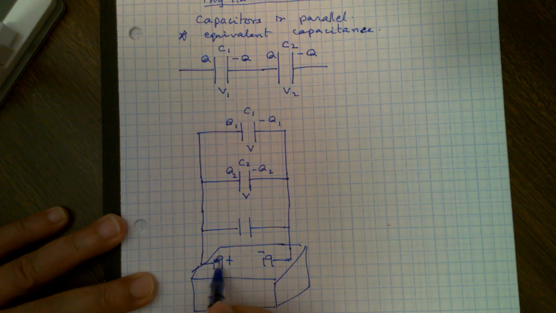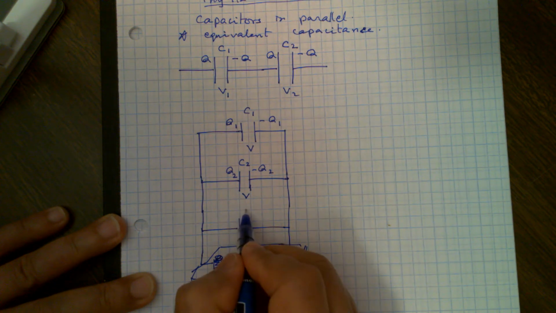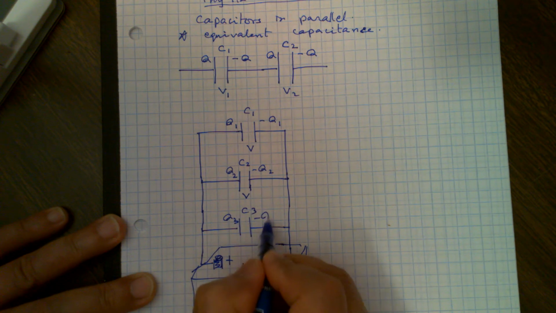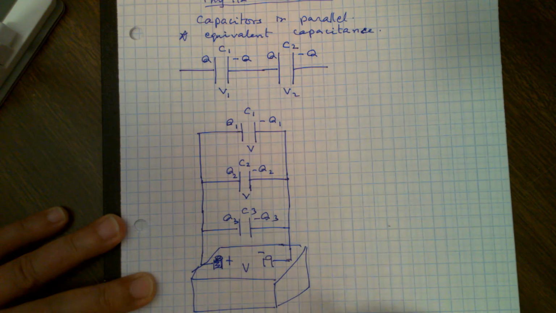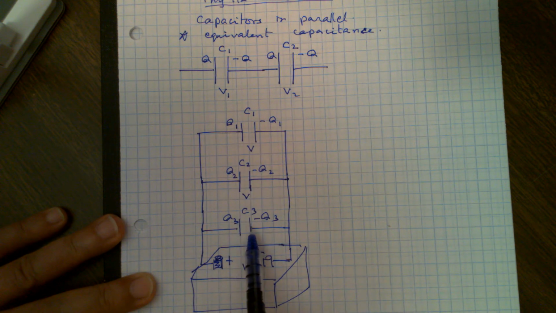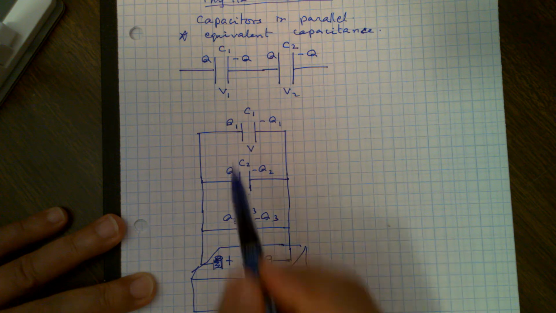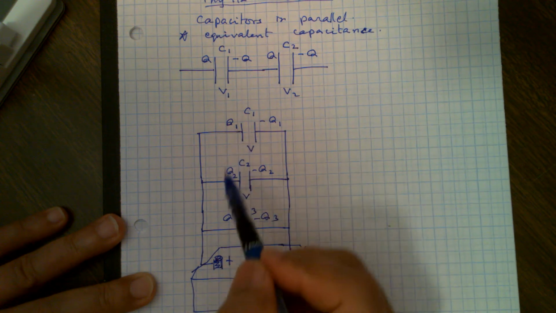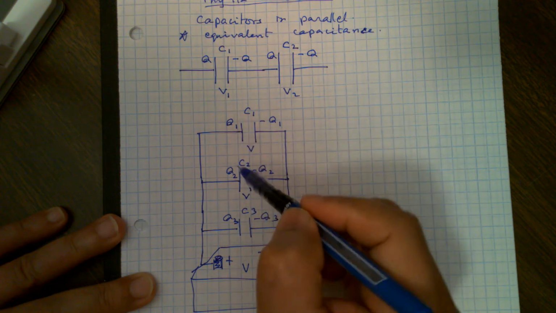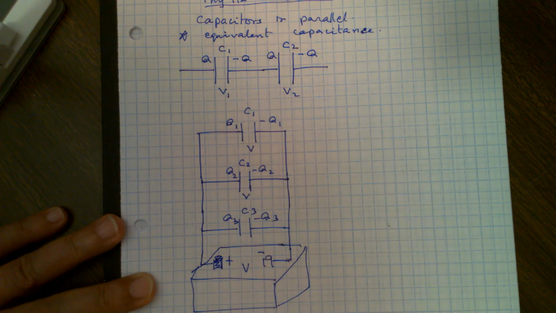And the potential difference between these two nodes will be V. So this will be C3, this will be Q3, this is negative Q3. Right? So the potential difference between these two plates, these two plates, these two plates, they are all the same. It will be V. What's different is the charges are different, Q1, Q2, and Q3. Of course, the capacitances are different, C1, C2, and C3.